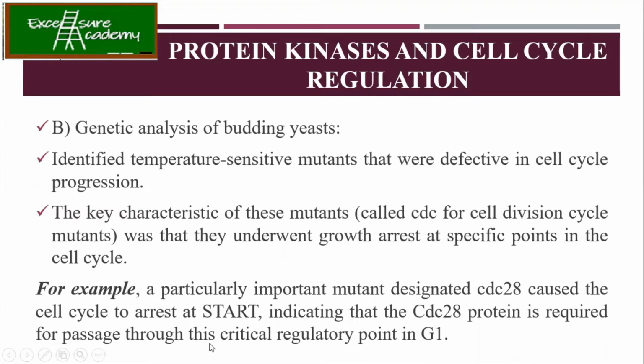Now, for example, a particularly important mutant designated CDC28, that is cell division cycle 28, caused the cell cycle to arrest at the start, indicating that CDC28 is required for passage through this critical regulatory point in G1. Did you get the point over here? So we have a CDC28 mutant, which is causing the budding yeast cell to arrest at the start.